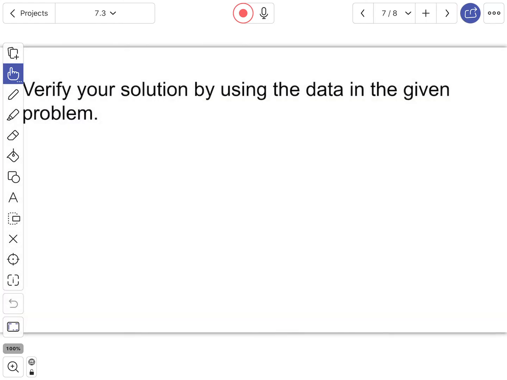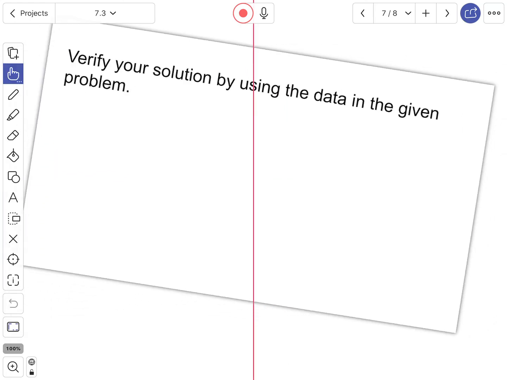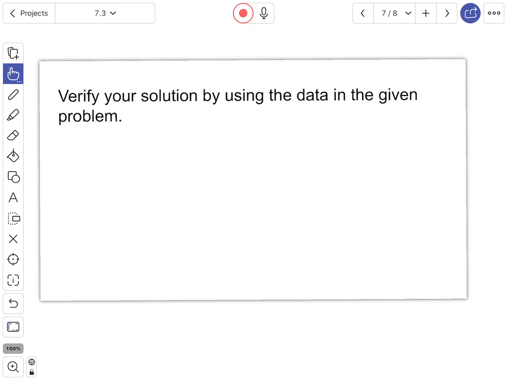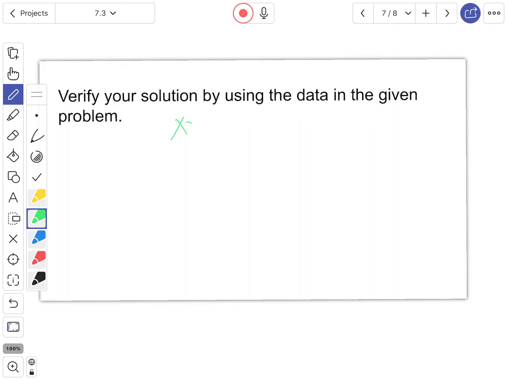Verify your solution by using the data given in the problem. So I think what this is asking is for us to check our work. So we knew that x was representing a, which was 175, and y was representing s, which was 345. We had two equations.